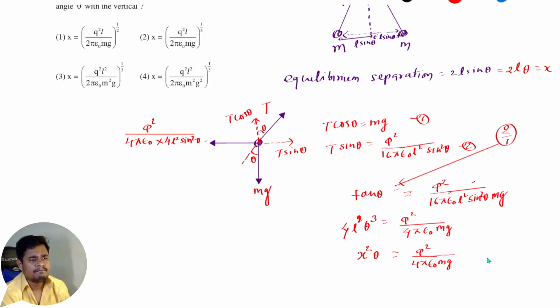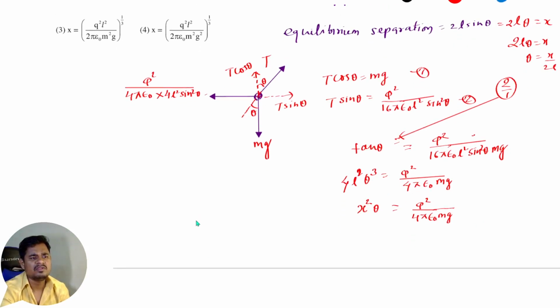Now we need to write theta also in terms of the given variables that we have. You can see that 2L theta is x, so theta is basically x by 2L.